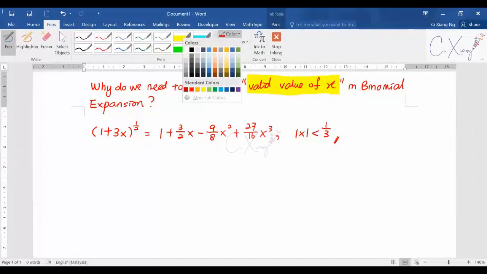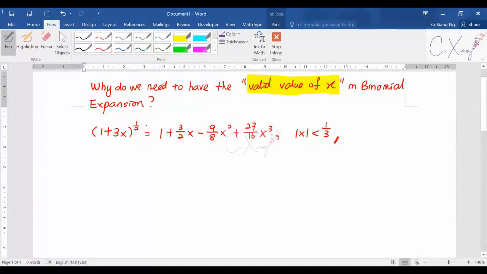Maybe I take one example here. Let's say I want you to use binomial expansion to estimate the square root of 1.03. Of course you can press the calculator, but if I don't want you to press the calculator and I want you to use binomial expansion to find the answer, how can I do it?